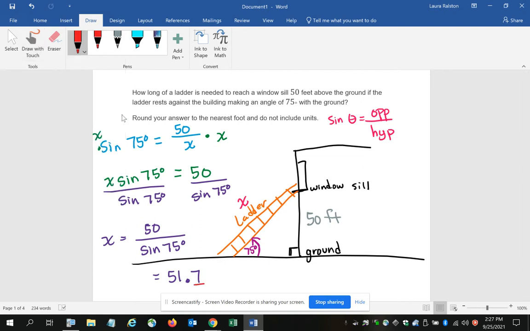So I have a 7, which is going to bump, so it becomes 52 feet. And again, they ask you not to include the units, but the length of the ladder would have to be at least a 52-foot ladder in order to reach the windowsill.